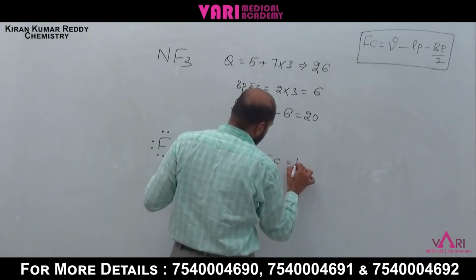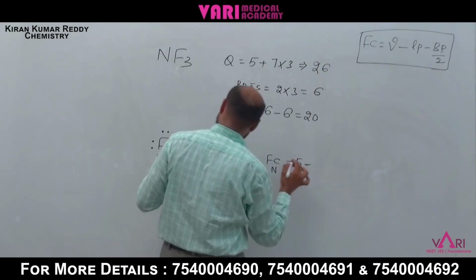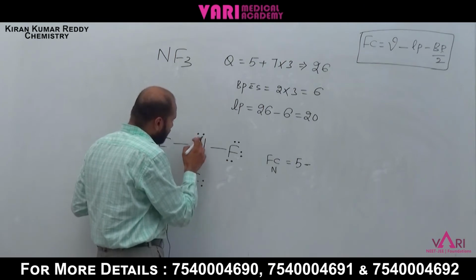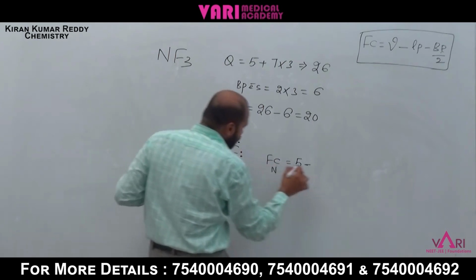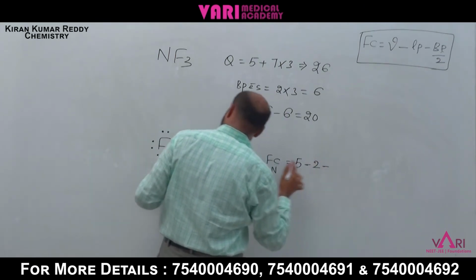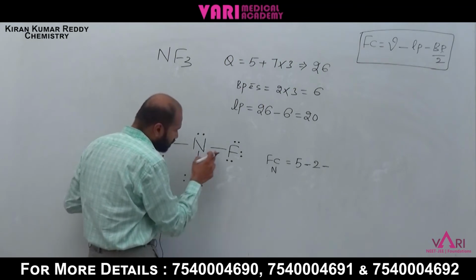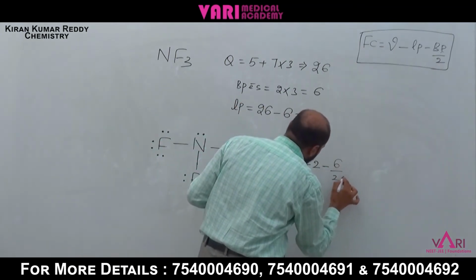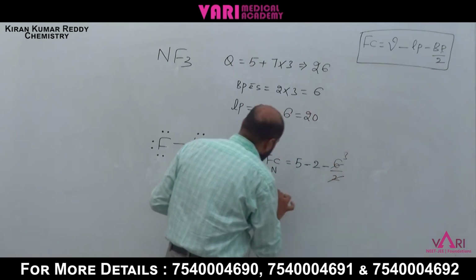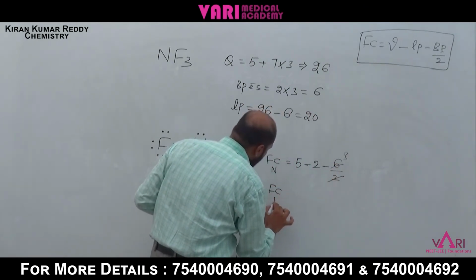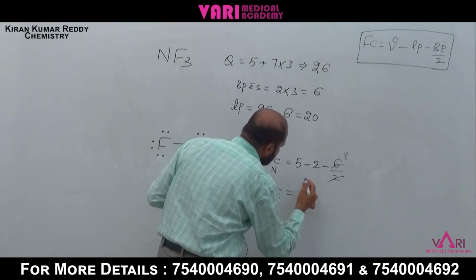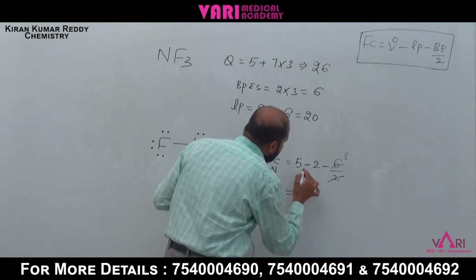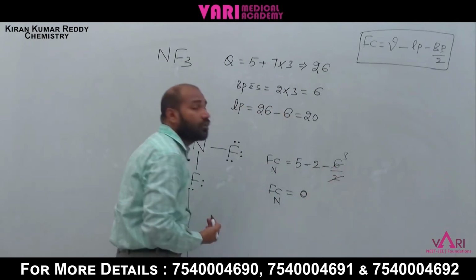Nitrogen valence electrons 5, minus lone pairs: 1, 2, minus bond pairs: 1, 2, 3, 3 times 2 is 6, 6 by 2 is 3. Now the formal charge of nitrogen is equal to 0, 5 minus 5, 0.